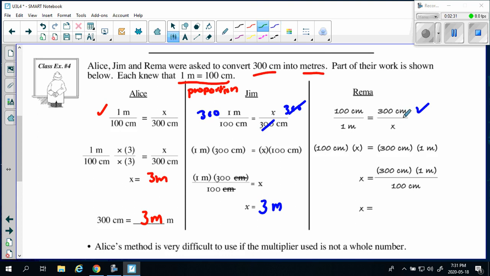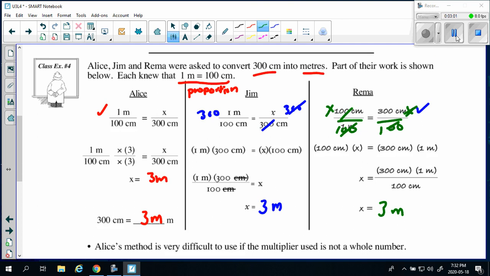But if you've been paying attention in Math 10C, you'll know that you can multiply both sides by x to get x in the top, and then divide both sides by 100 to isolate for x. So 300 over 100, again, is 3 meters. Whichever method you use, you get the same answer. All of them are correct, but I would say that Jim's makes the most sense and is the easiest because it had the x in the top.